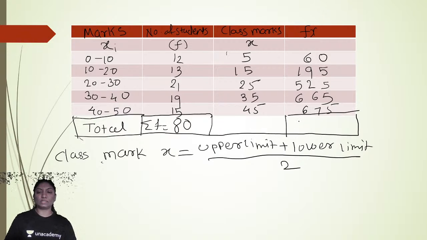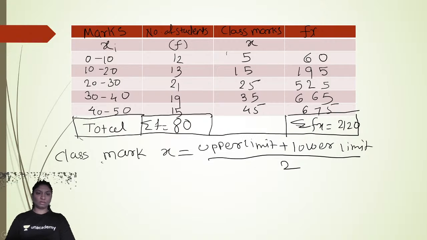You will get this sum f x is equal to 2120, so that you will get the mean.